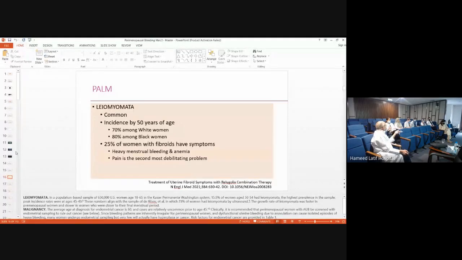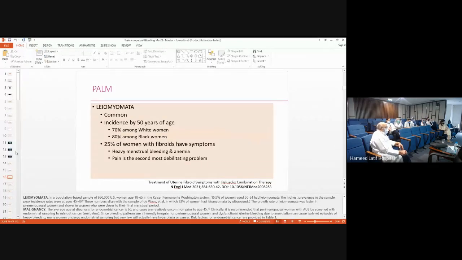You must have seen when patients come for hysterectomy that if you look at their history, they have had children and still they have fibroids. And again, a quarter of the women who have fibroids have symptoms like heavy menstrual bleeding, and pain is the second most common.